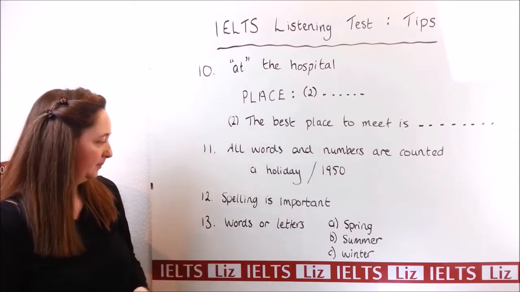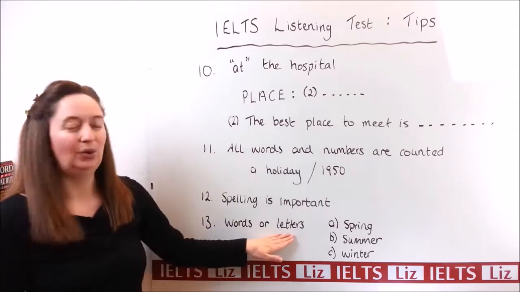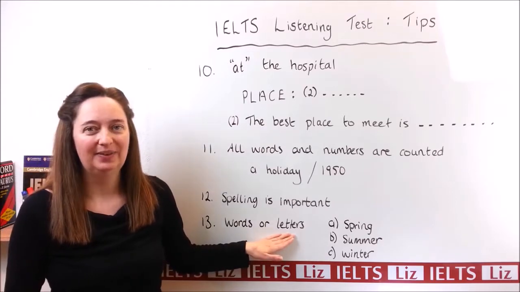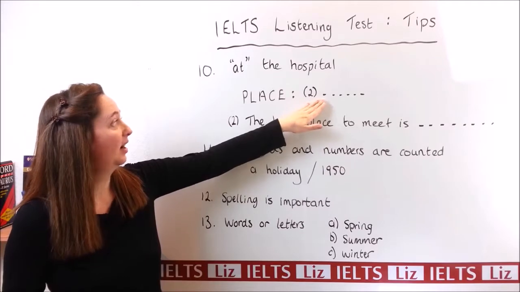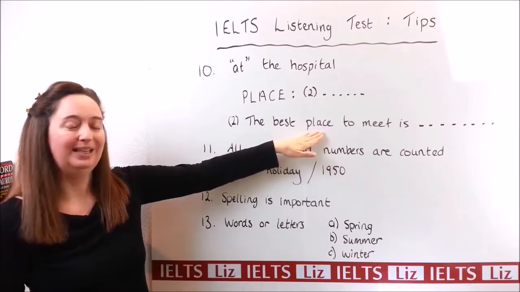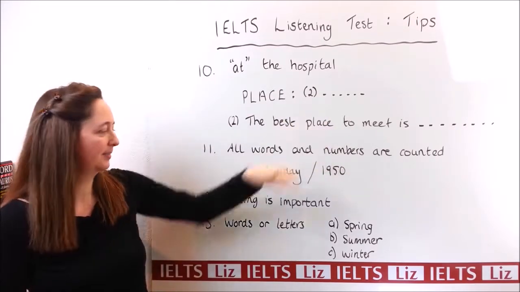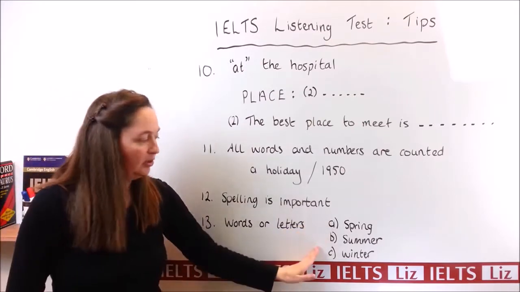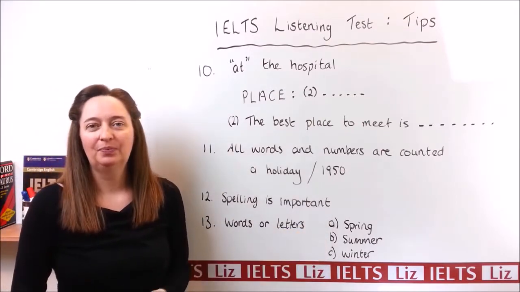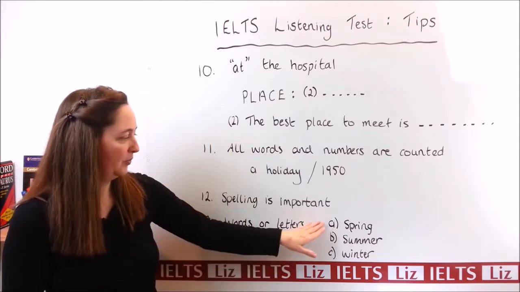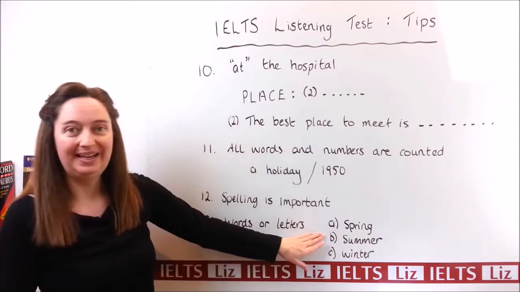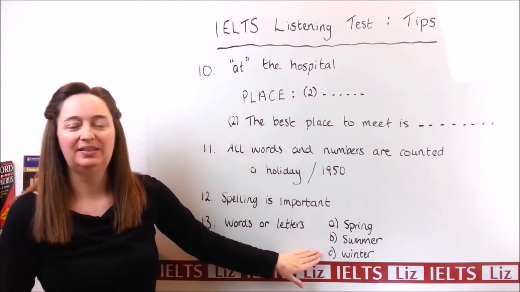Number 13, should you write words or letters on your answer sheet? Now that's very important. You can see here we need to write a word, or here we need to complete the sentence with one or more words. But if it's a multiple choice, that's different. The instructions tell you to choose the correct letter. So that means we've got A, spring, B, summer, or C, winter.